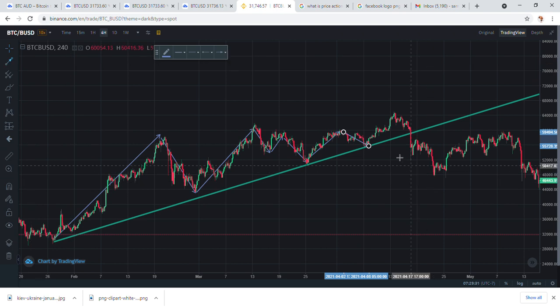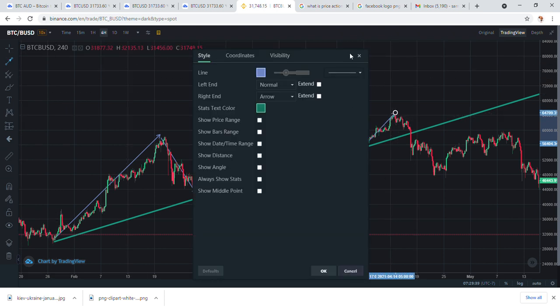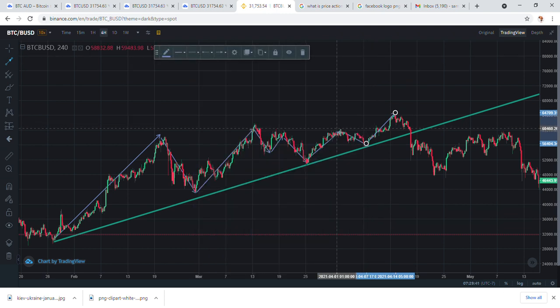So the market, what happened? The market went up, hit our take profit, and then pushed up a little. We have taken profit, and we're waiting for the market to make a lower high so we can jump into the market. Then the market makes a lower high and then broke our trend line. Now this is where most beginners, even some advanced traders, make a mistake.